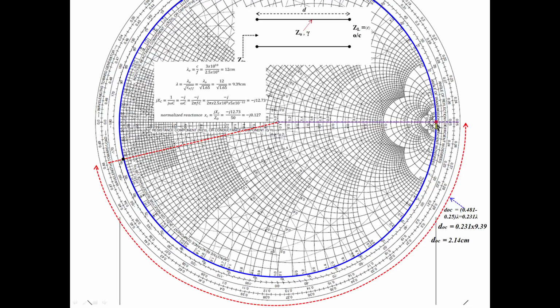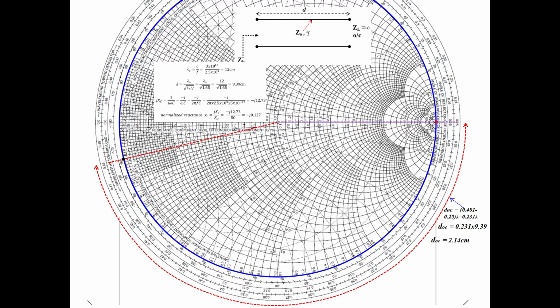For an open stub, you should always start moving from the open point, because it is similar to the earlier case where the load point is here. The blue circle is the VSWR circle, and this is the load point. From the load point you move like this, and whenever you get the required impedance, you stop and measure that distance.